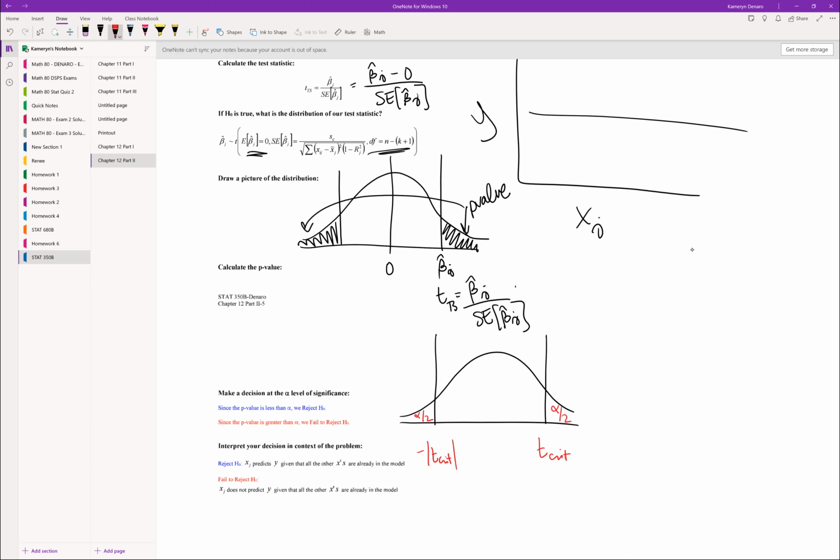All right. Essentially, though, if our p-value is less than alpha, that means that we're somewhere further in the tails. Okay. So by doing that, if we take those together, our p-value is going to be less than alpha.